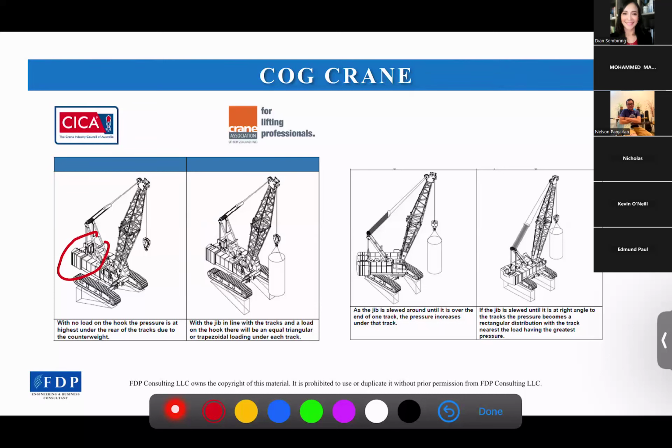But when the load is attached to the hook, the COG will move to the front, and then the biggest pressure is now at the front. It is the same like a seesaw, if you know. So it's about the balance between the front and the rear load.